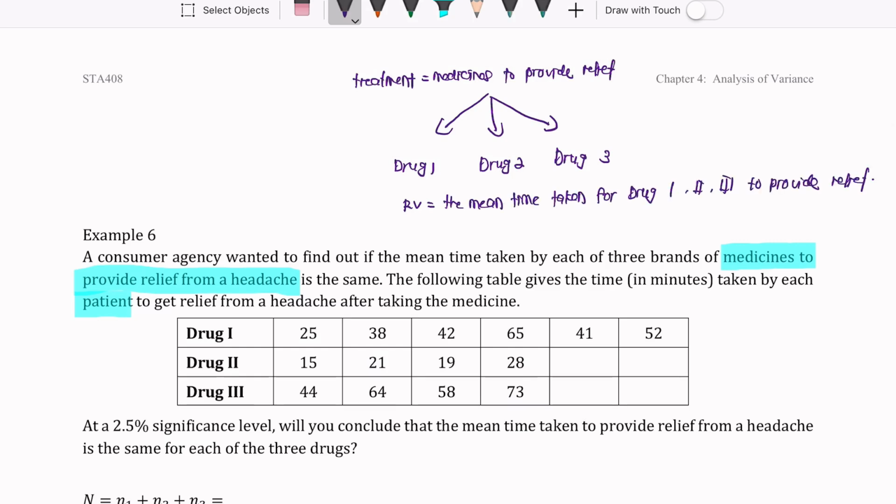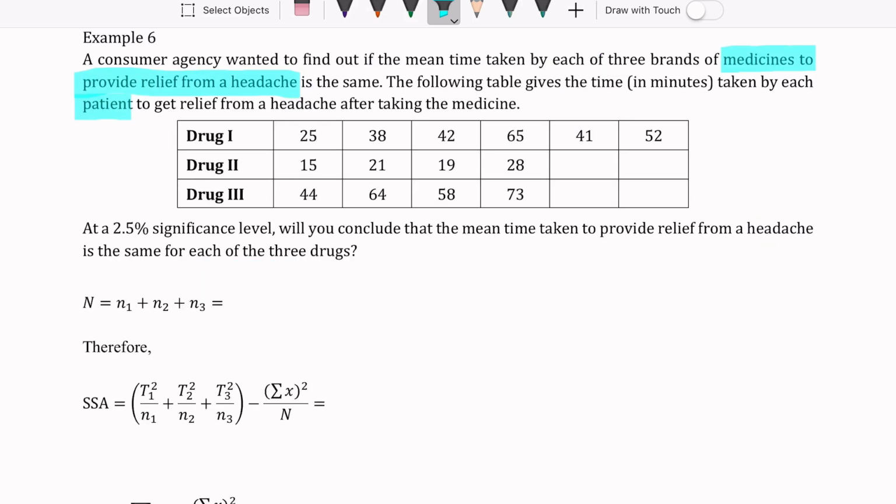Since we only have one treatment with 3 groups, group 1, group 2, and group 3, therefore one-way ANOVA is appropriate in this study. At 2.5% significant level, will you conclude that the mean time taken to provide relief from headache is the same for each of the 3 drugs? So this is the purpose of the study. We want to compare the population means.